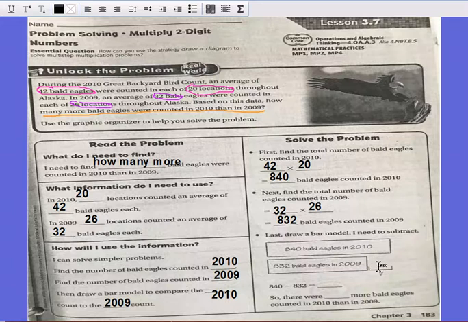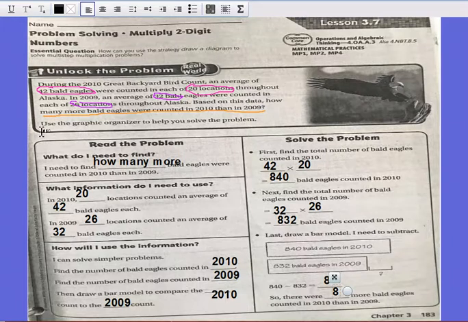So you have to subtract how much bigger 840 is than 832. So the difference between those two numbers would be 8. So there were 8 more bald eagles counted in 2010 in the pink than in 2009 in the purple.